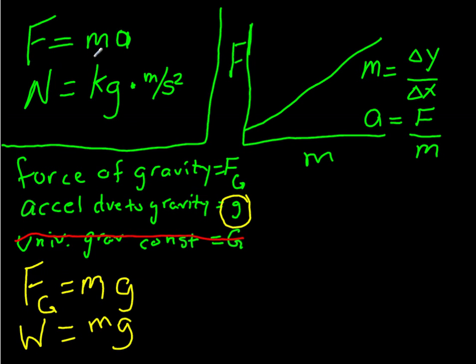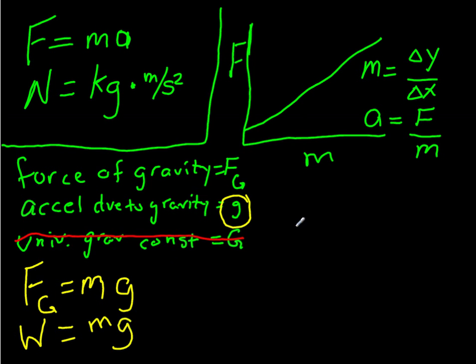So all three of these equations, F equals ma, Fg equals mg, and W equals mg, are the same equation. If something is being pulled in the downward direction, we call it Fg or W for weight.